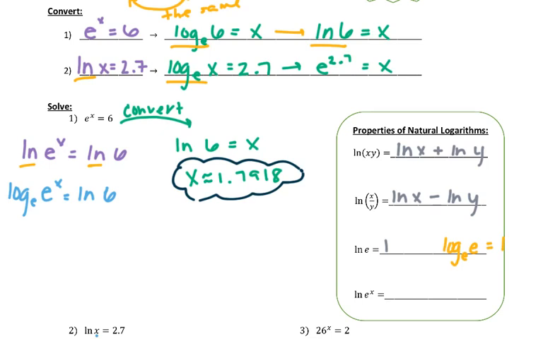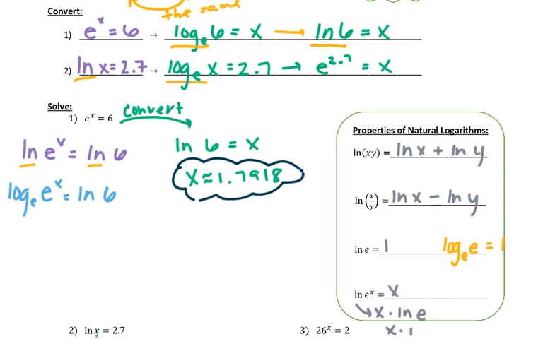Okay. If you have the natural log of e to the power of x, that answer is going to be x. Because remember that x comes out front times the natural log of e, that's just 1. So you're going to have x there. Okay, that's how we can look at it.